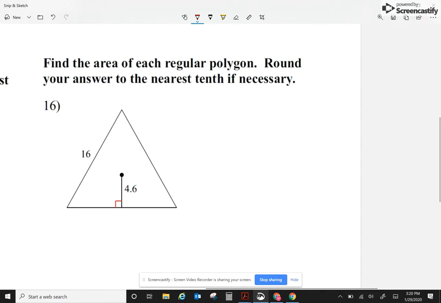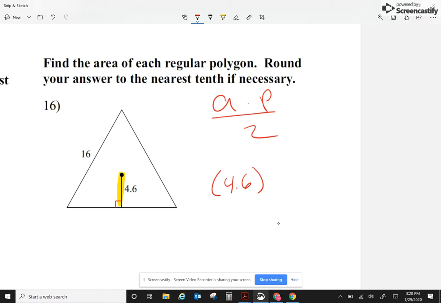Now for polygons, you are given an apothem. The formula that I mentioned on Tuesday was the apothem times the perimeter divided by 2. The perimeter is how much each side is multiplied by how many sides we have. So I'm just going to go 4.6.